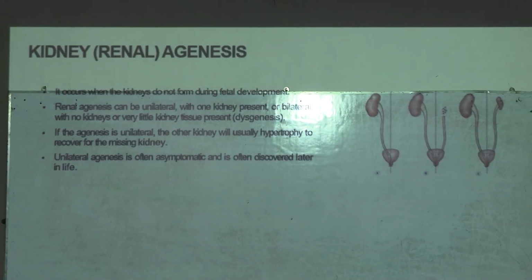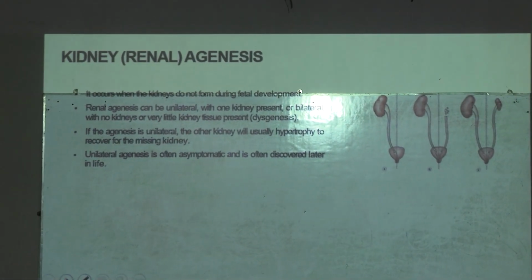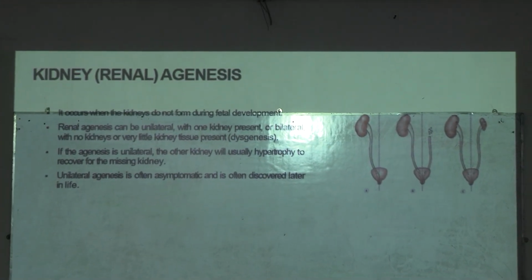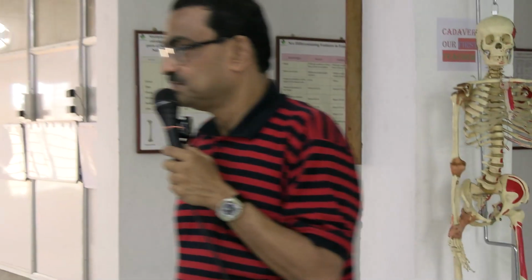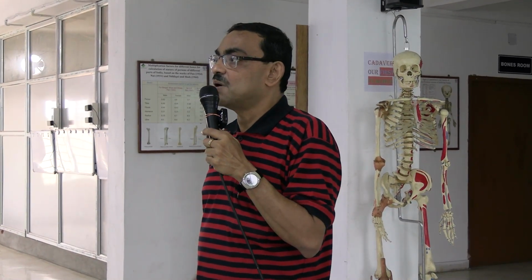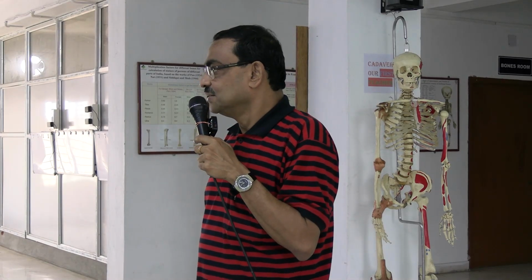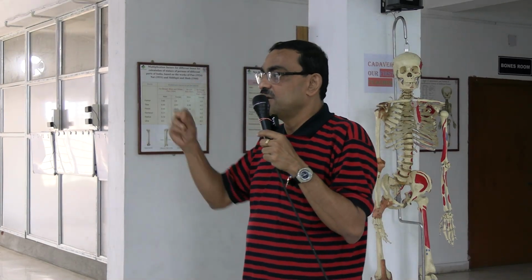Now we can find the next, embryological abnormality, renal agenesis. We know it develops from the ureteric bud. You will know it in embryology.